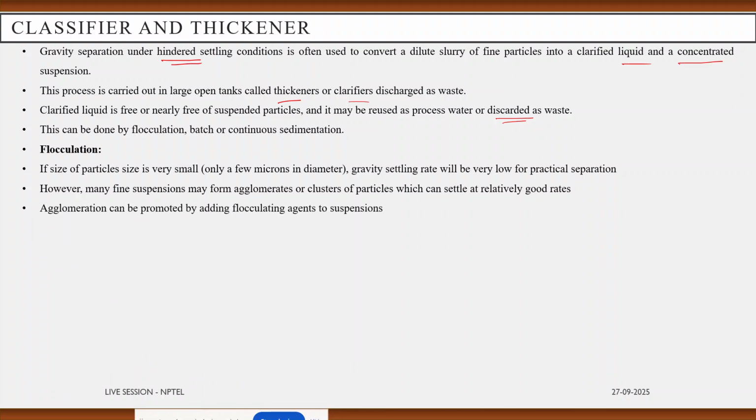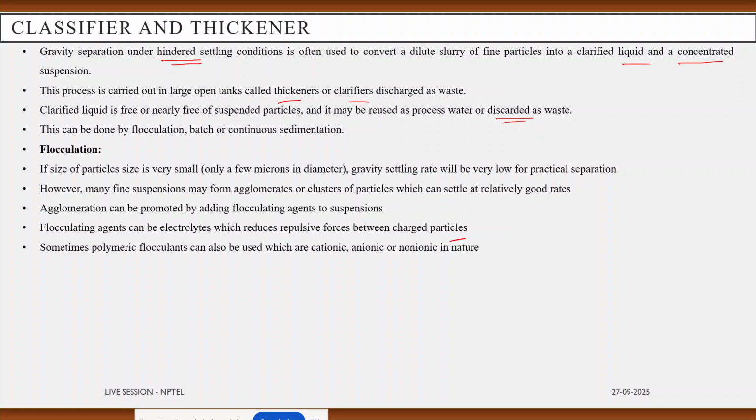Now the agglomeration can be promoted by adding flocculating agents to the suspensions. Now we add different kinds of flocculating agents depending on the type of the particles which are present in the stream. Now this flocculating agent can be electrolytes which reduce the repulsive forces between the charged particles.